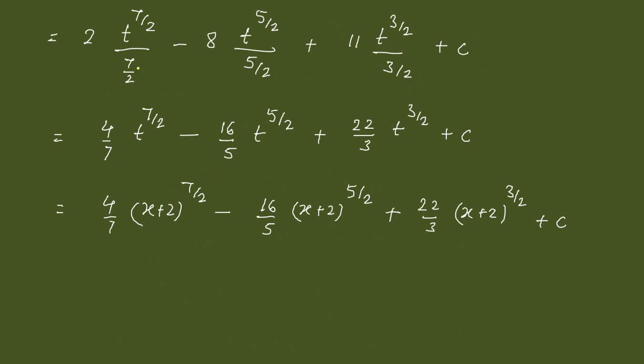Now we can integrate it easily, and after the simplification of the integral, we can substitute t as x plus 2, that was the original expression we had written for t. So that is the answer for this question.